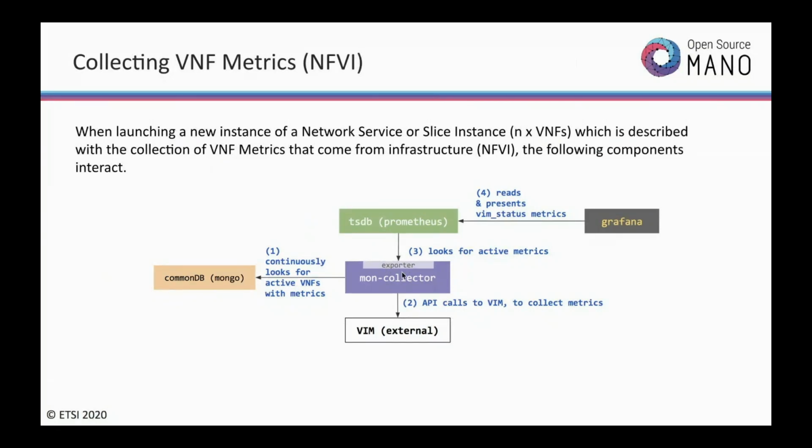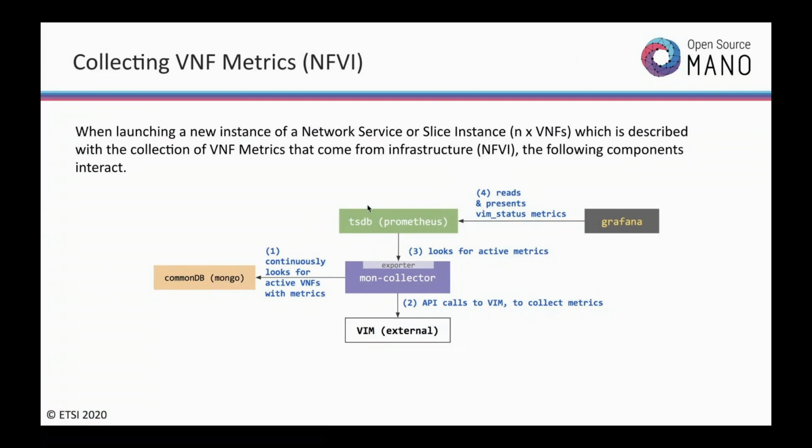MON is not storing these metrics directly. It exposes them in a Prometheus format temporarily, and it keeps replacing them, and Prometheus is the one responsible for querying all the metrics that MON is exposing, or this exporter in particular.